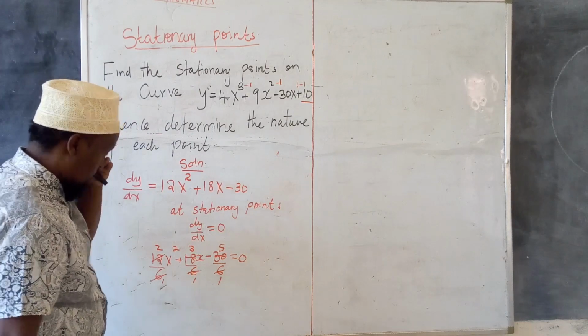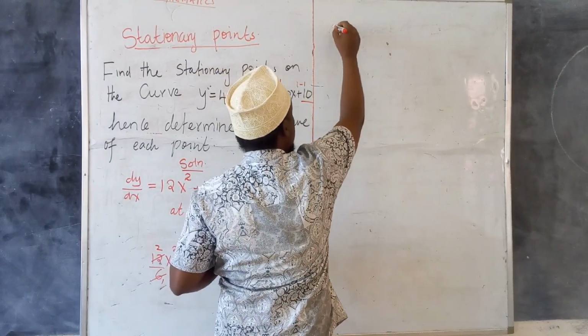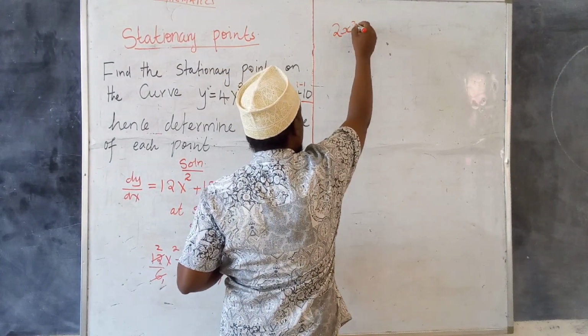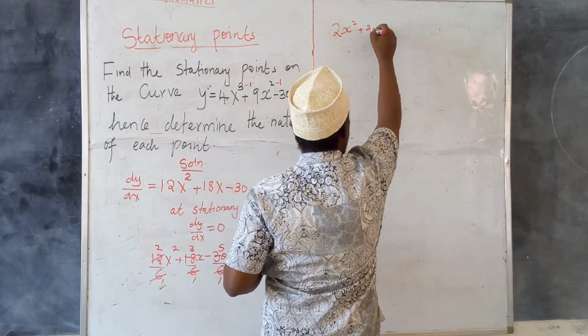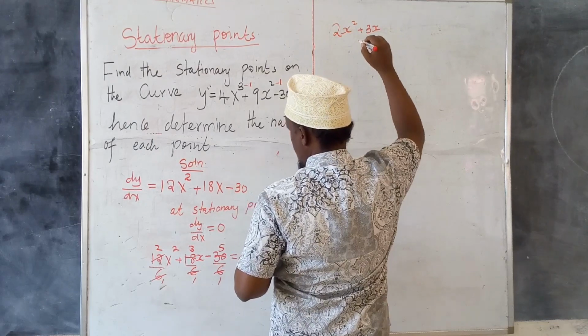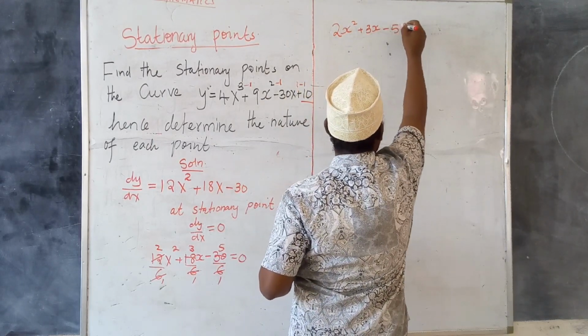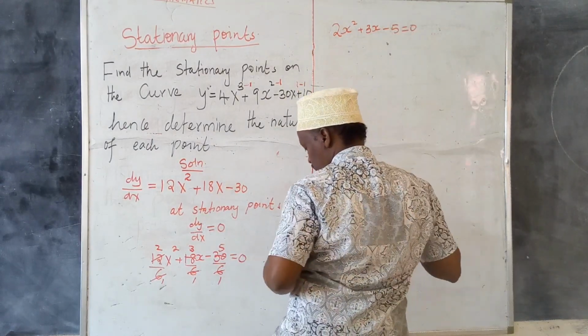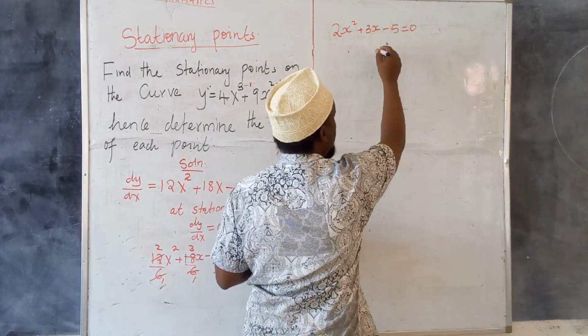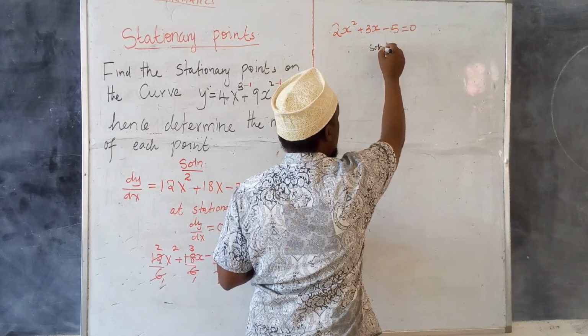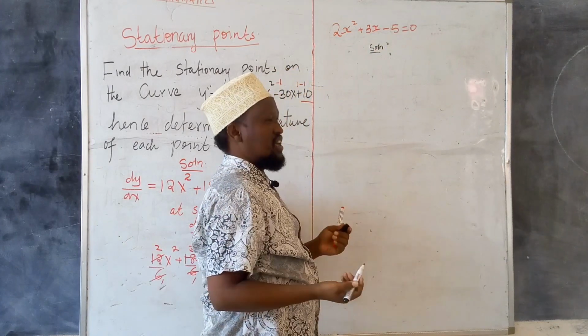So now our equation becomes 2x squared plus 3x minus 5 equals 0. So here we have the equation, and we have to solve the quadratic equation. We can use so many methods.